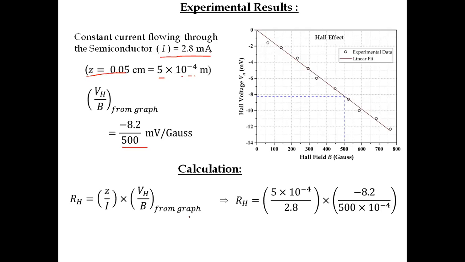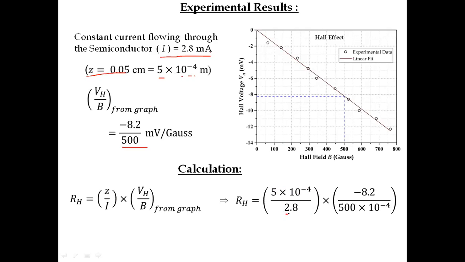So now you just put the values. Z will be 5 into 10 to the minus 4, all values should be in SI units. I is 2.8 milliampere. Ideally we should write 2.8 into 10 to the power minus 3, because to convert milliampere into ampere it is 10 to the power minus 3 ampere.